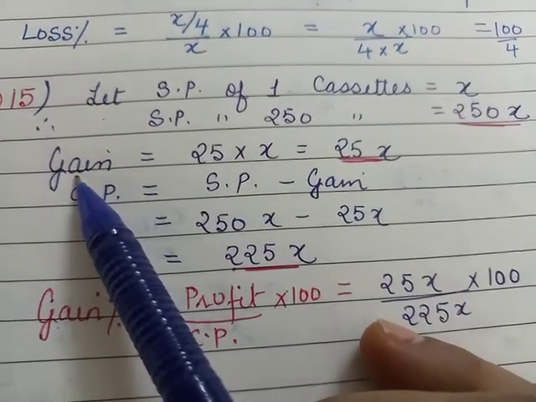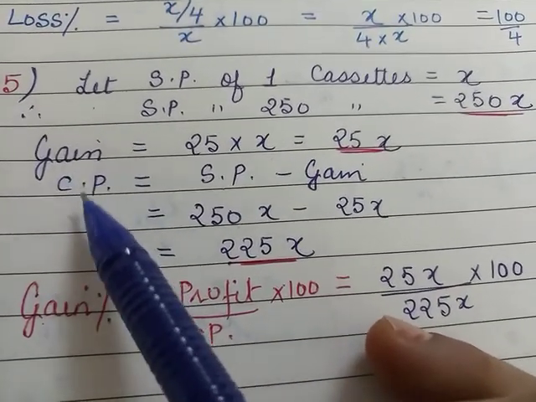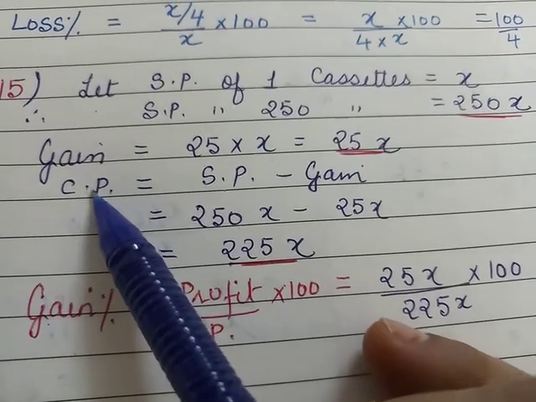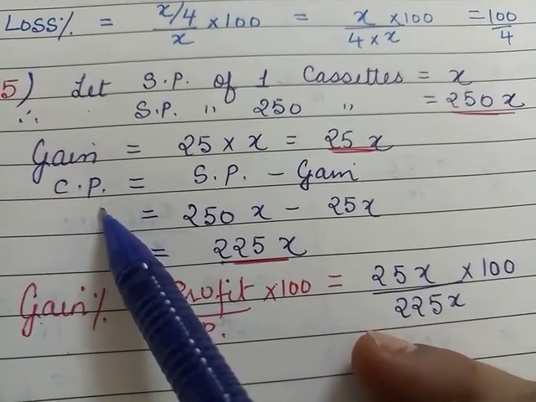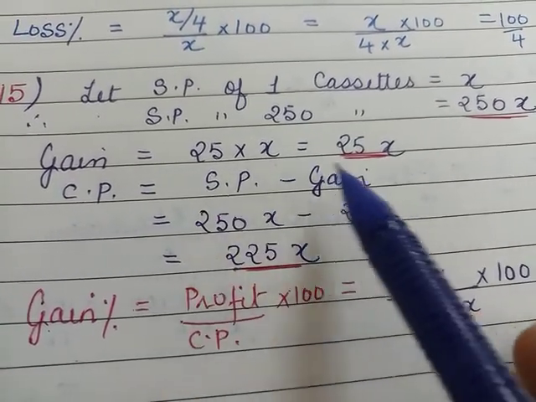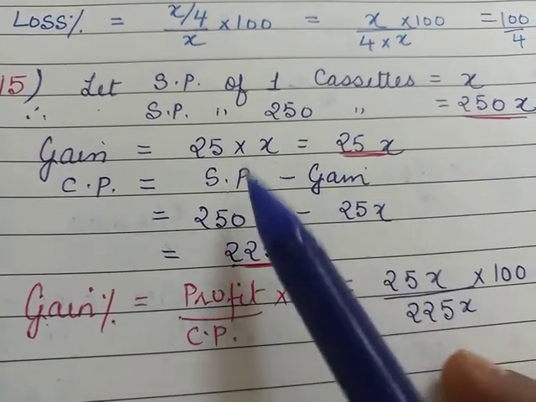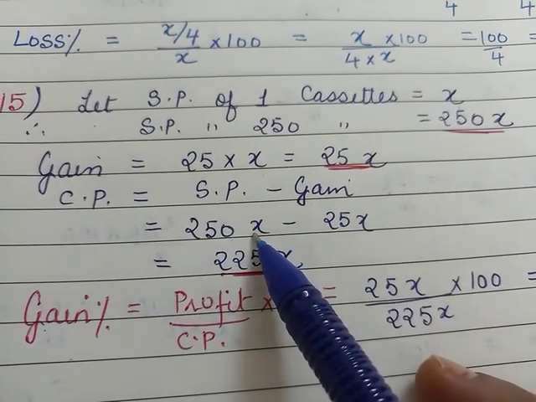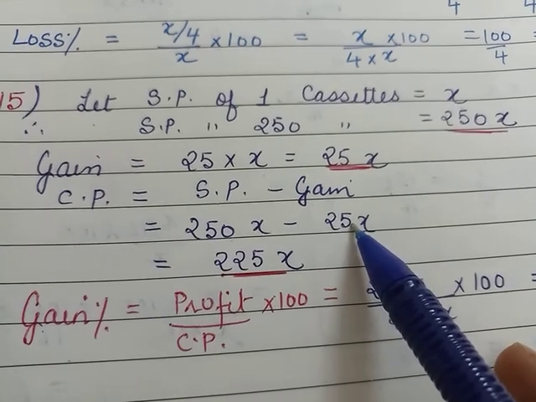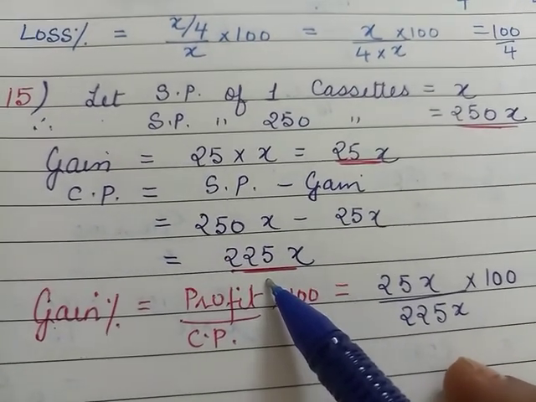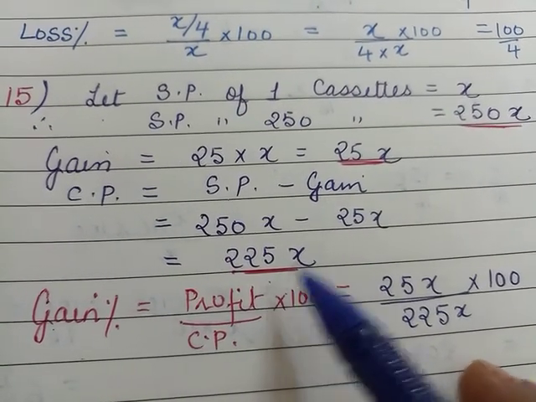This is the gain. As we do not know the cost price, the formula for the cost price in case of a gain is selling price minus gain. Selling price is 250x and this is 25x. We calculate, so that becomes 225x.